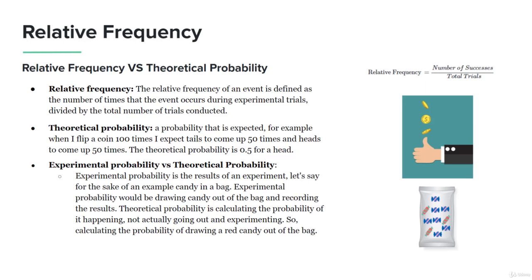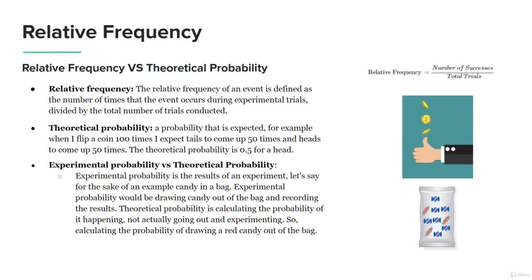Experimental probability is the result of an experiment. Let's say, for the sake of an example, the candy in the bag. The experimental probability would be drawing candy out of the bag and then recording the results. Theoretical probability is calculating the probability of it happening and not actually going out and experimenting, so calculating the probability of drawing a red candy out of the bag.